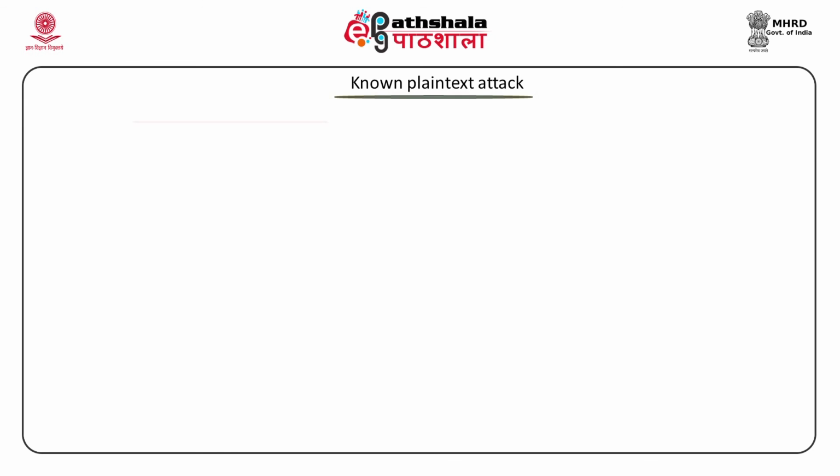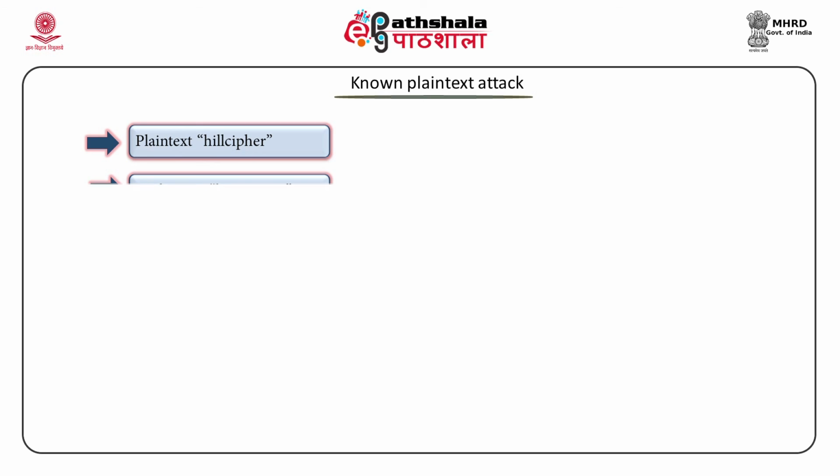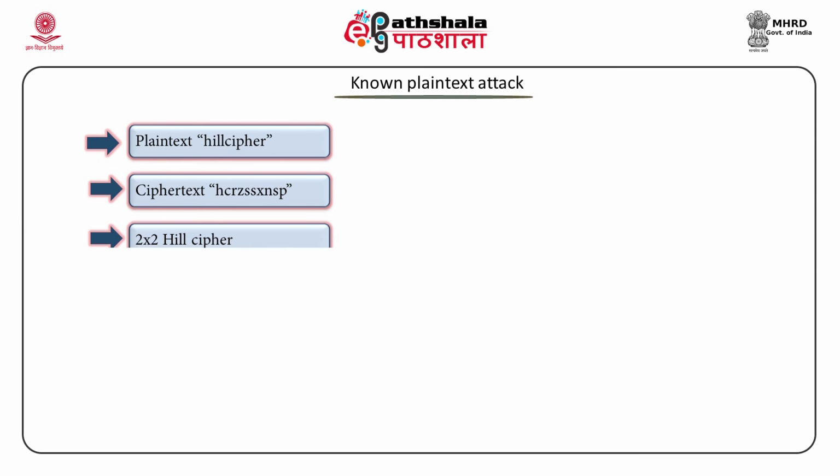The example is the plain text Hill cipher, and the ciphertext accordingly is HCR, ZSS, XN, SP. This time we are going to work with a 2 by 2 Hill cipher. So, take the first 2 characters of plain text and the first 2 characters of ciphertext.